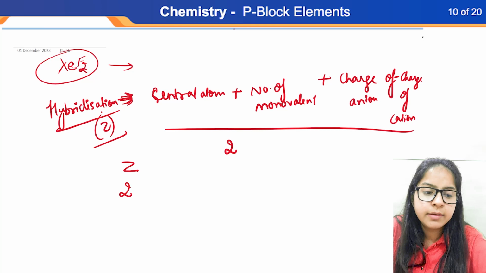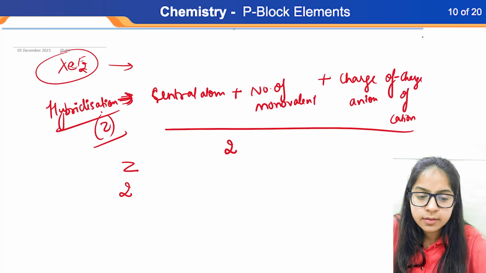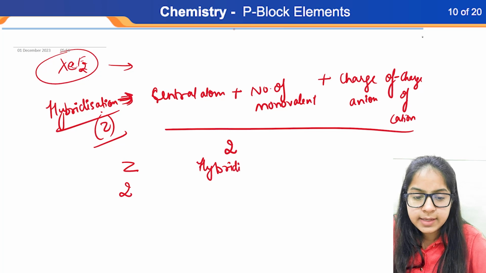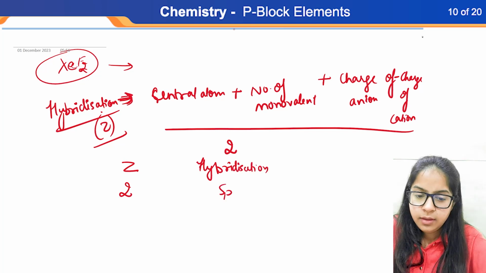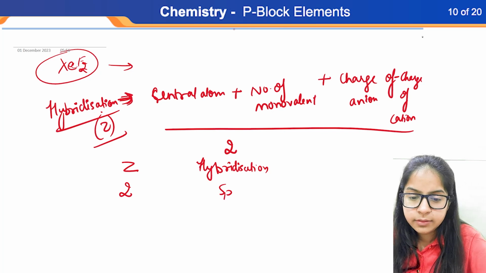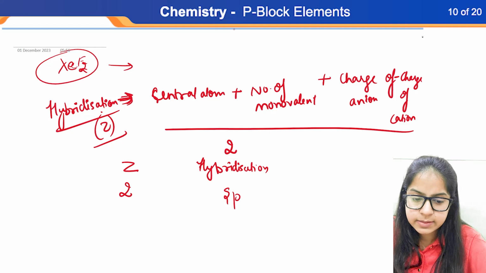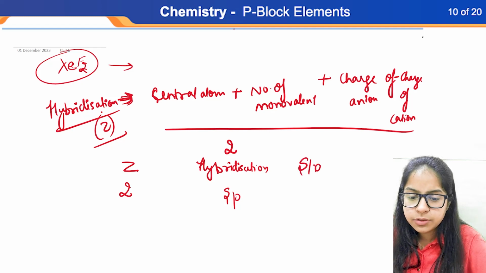If the steric number is 2, then the hybridization is sp, and the geometry is linear.